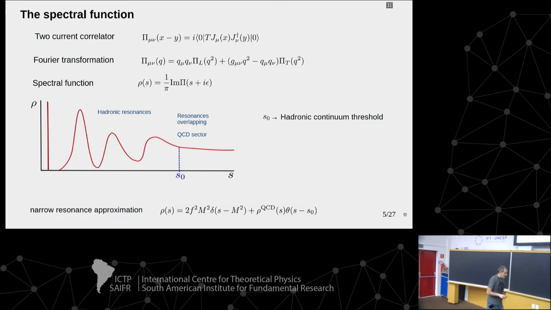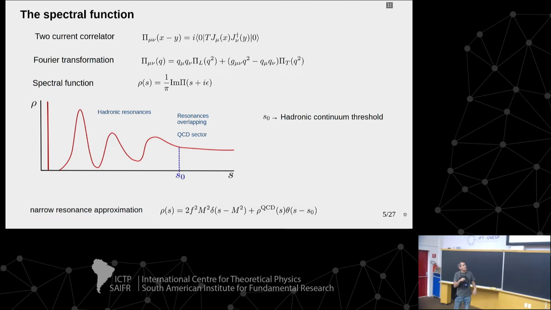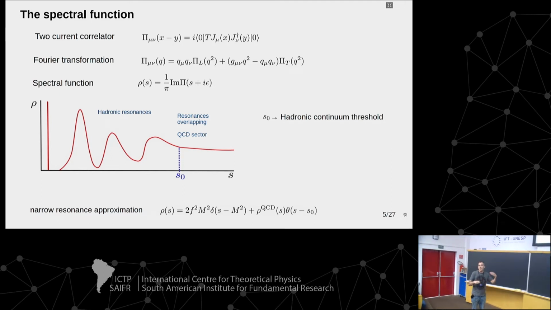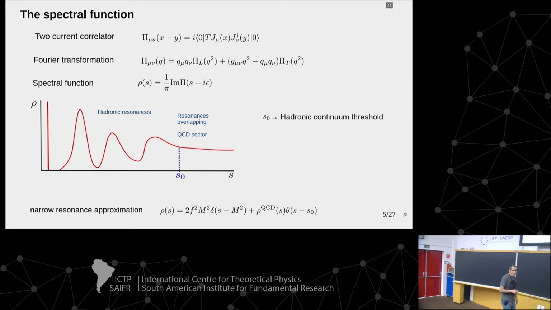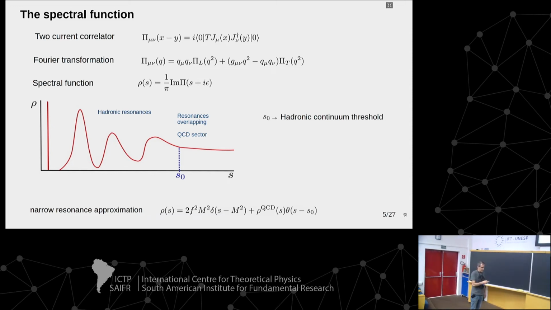In this case, the hadronic threshold usually is fixed, depending on how many resonances we leave over, and they use an extra parameter, the Borel mass parameter, that has to be fixed when the results are stable. In the finite energy sum rules, the hadronic threshold is not fixed. It's one of the parameters we have to find out.